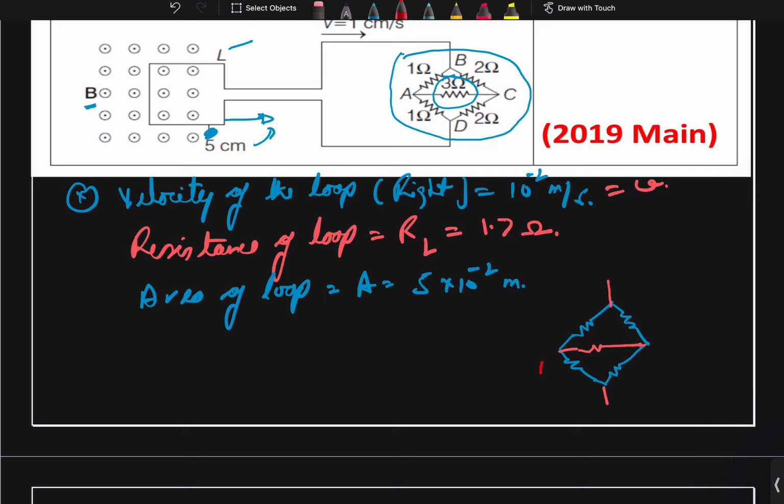This is A, B, C and D. This is 3 ohm, and as the bridge is balanced, we can just remove this resistance and draw an equivalent circuit.